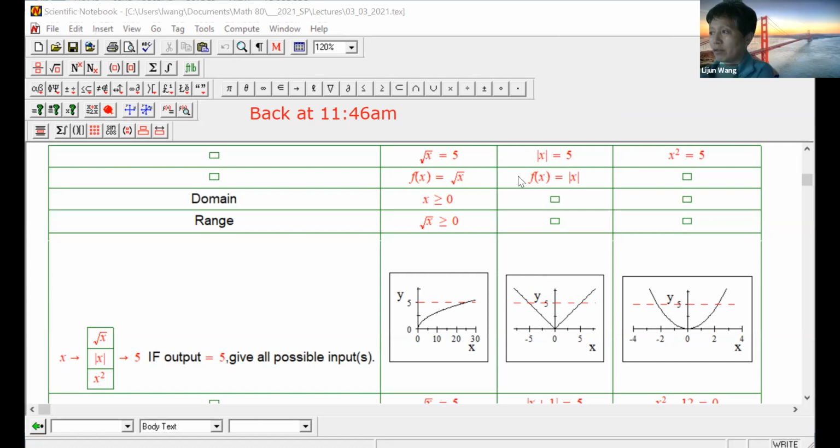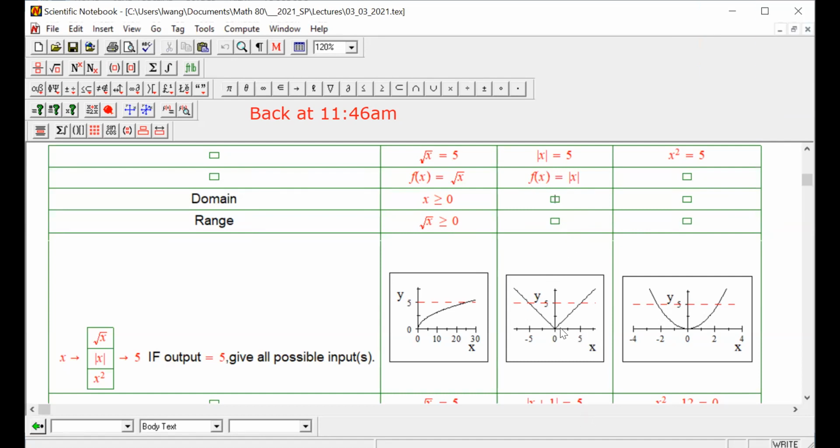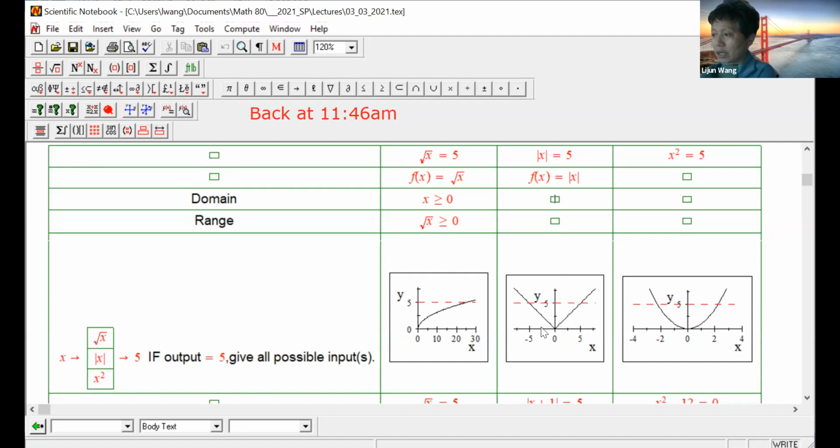X is greater than or equal to 0. You mean only on this part? So how come we have a picture on the negative side of x? Brianna, what is the domain?